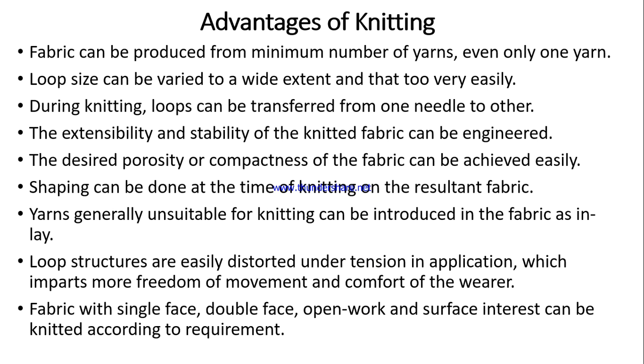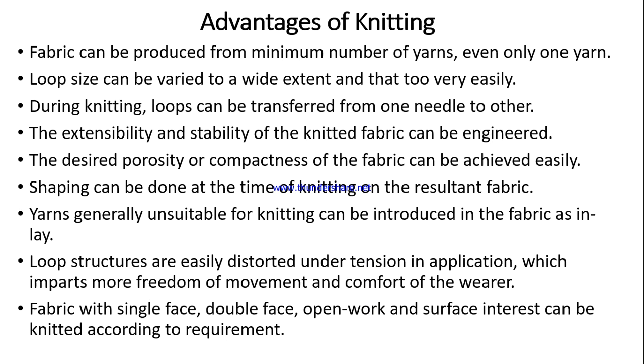The desired porosity and the compactness of the fabric can be achieved easily. So porosity, that is the number of pores and the size of the pores, that also can be engineered as per your wish, because if you change the loop size, if the loop size is larger, there will be the large loop.